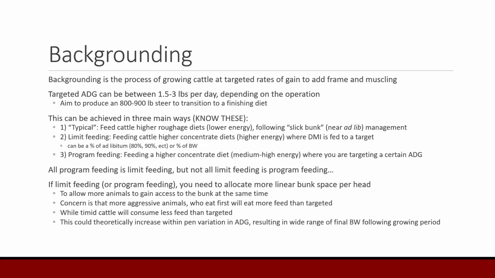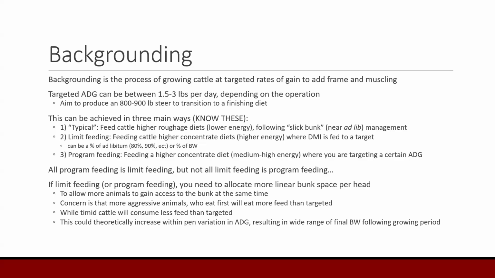So this could theoretically increase within pen variation in average daily gain so that by the end of the feeding period, into the growing period, we'd have a wide range in final body weights is the potential.